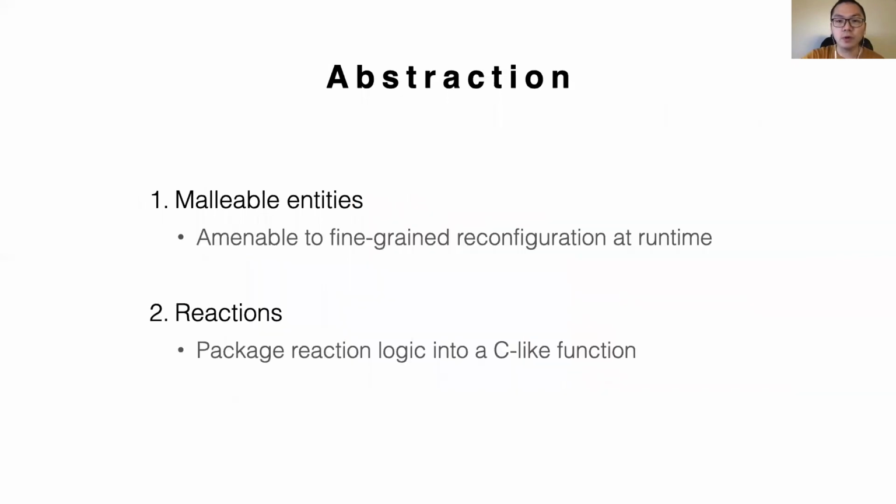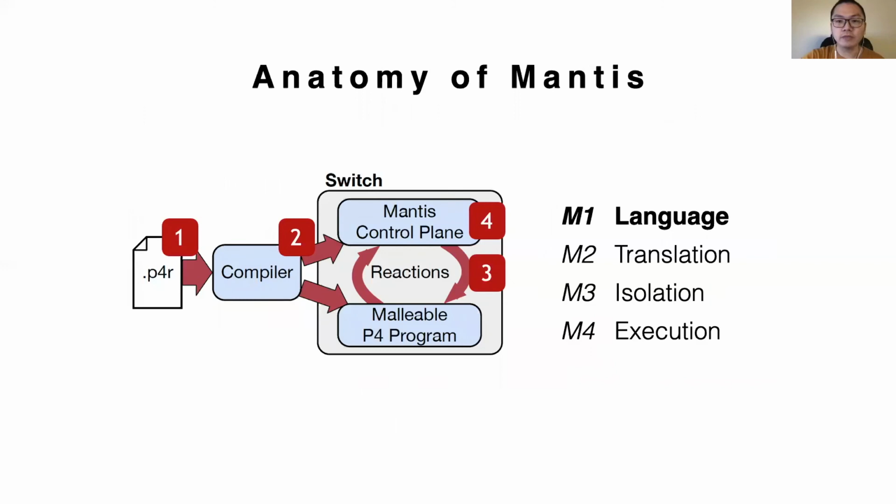There are two core abstractions underlying Mantis: malleable entities and reaction. For the rest of the presentation, we'll walk through each component of Mantis by taking a top-down approach. First, I will introduce how to express reactive behaviors with P4R using a concrete example.